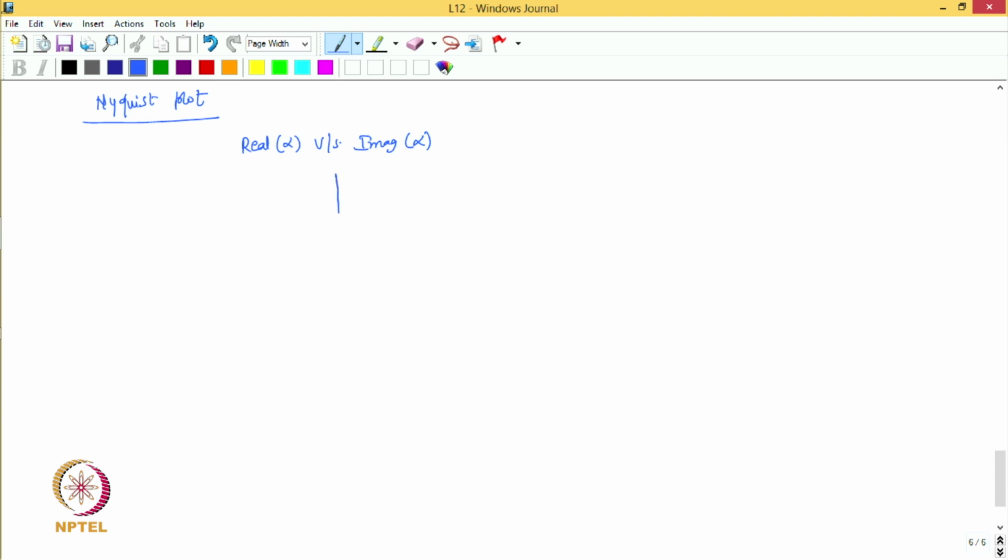So, this plot may look like this. So, imaginary part of the FRF we have on the y axis, and the real part of the FRF we have plotted on the x axis. So, different frequency points will be there like this, and these points together, when they are joined, result in what is called the Nyquist plot.